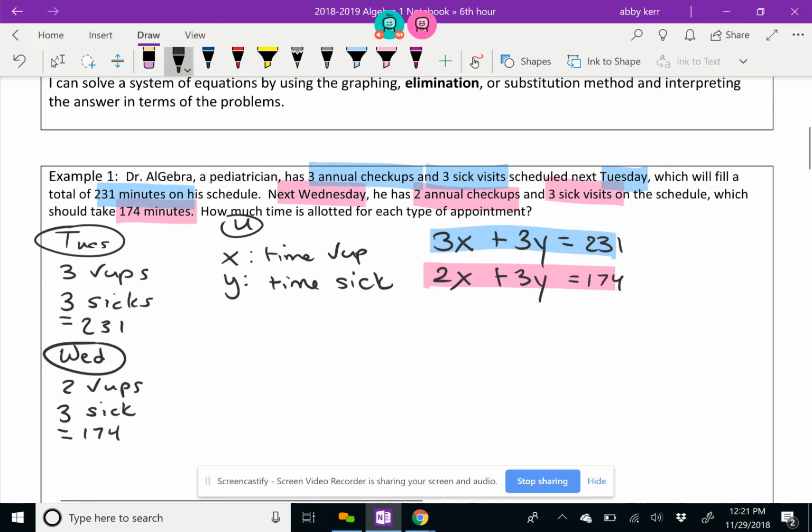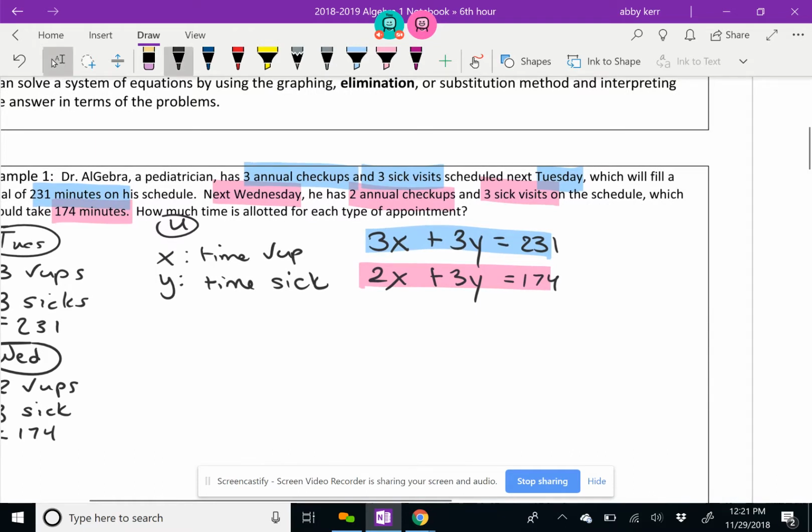Now, since we have the system of equations, you can do the method that we just learned. We multiply both equations. So the opposite of 2 is negative 2, and then we'll just bring down the 3. We only make one of them opposite.